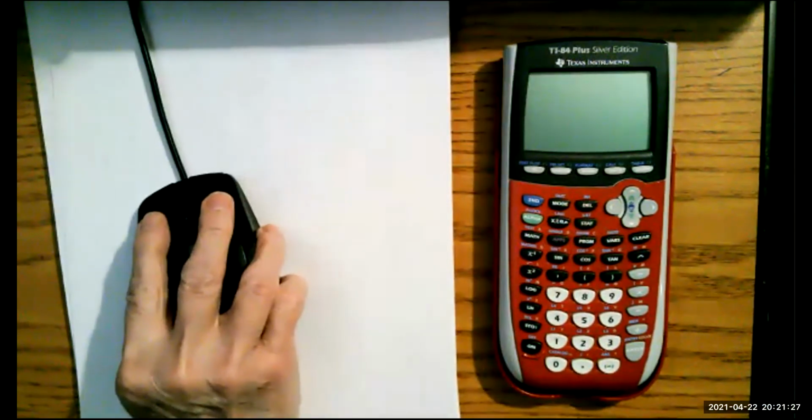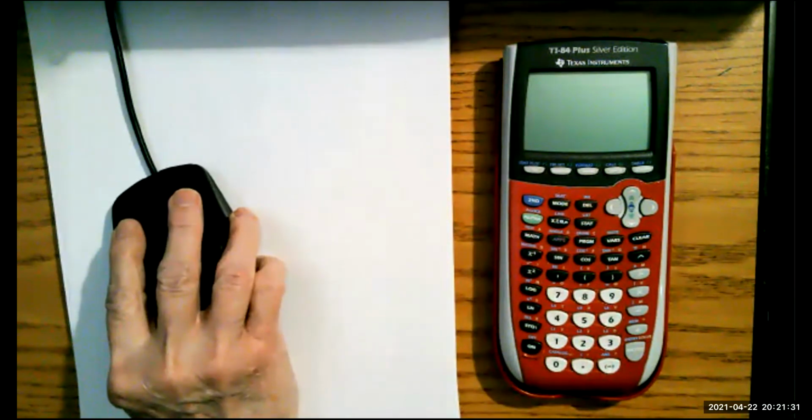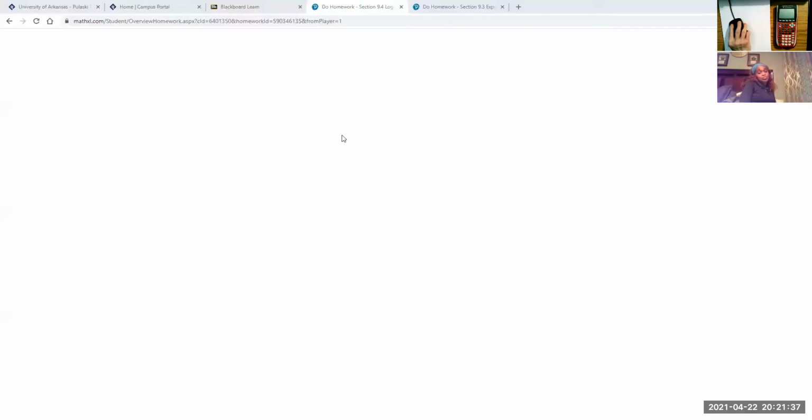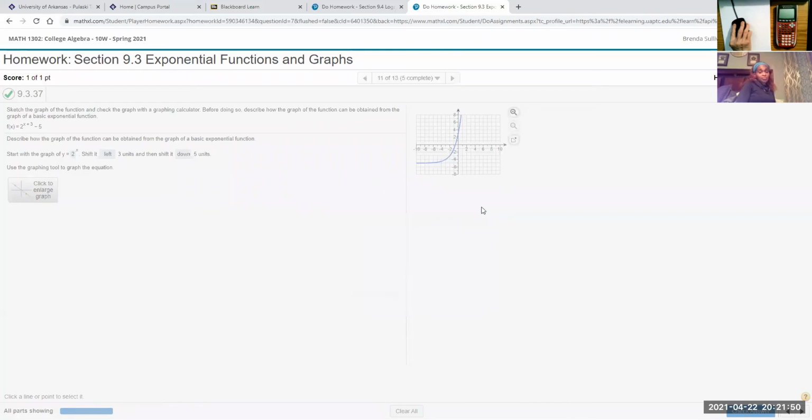I'm going to go to where you're talking about and show you what you did wrong. I'm going to share my screen. And you tell me if you can't see it, okay? It should be going to our assignment 9.3. Here's 9.3. Okay, I'm going to go back to that number.